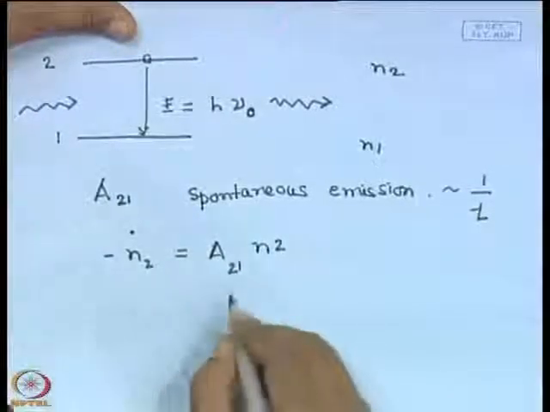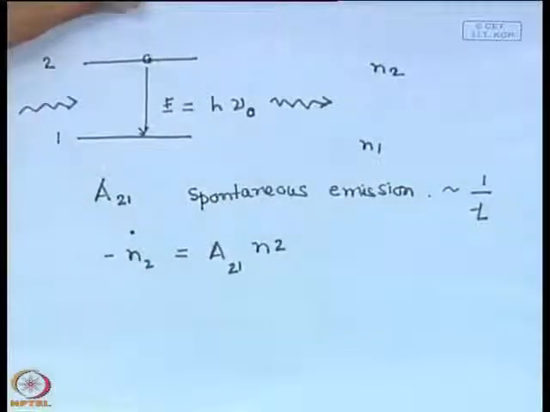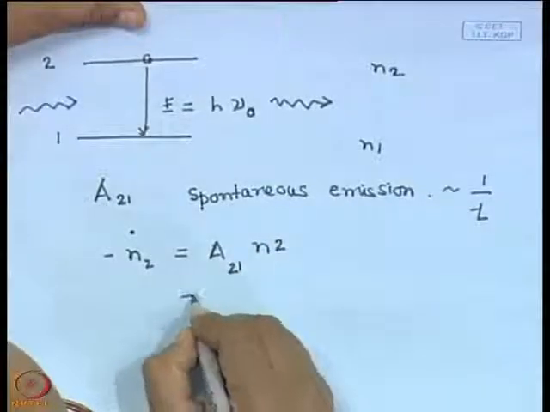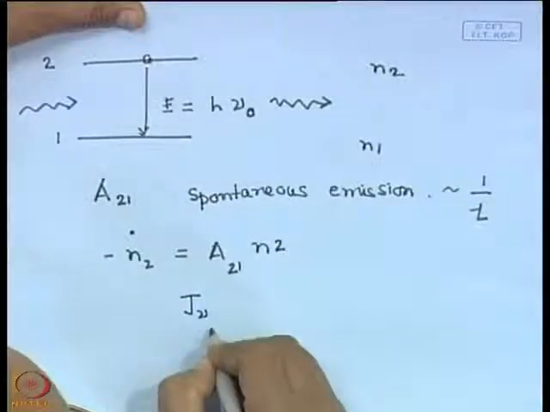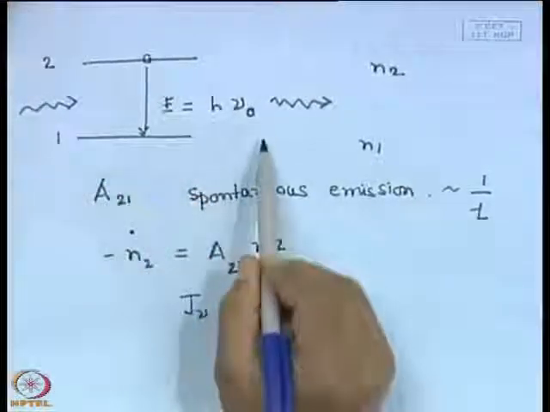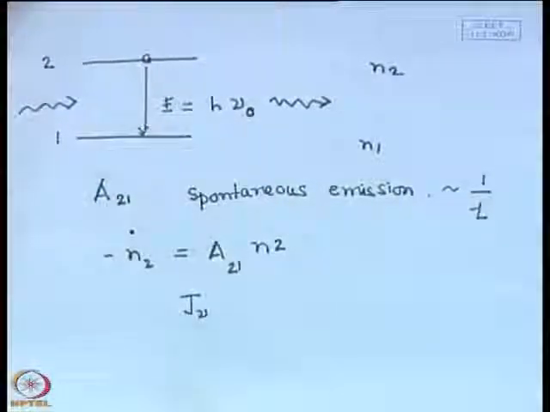The B coefficient tells us that if there is radiation incident with frequency around nu naught, that is going to cause this excitation.